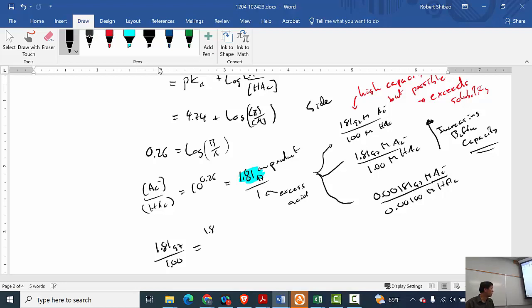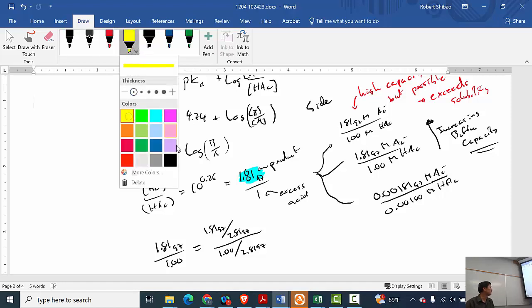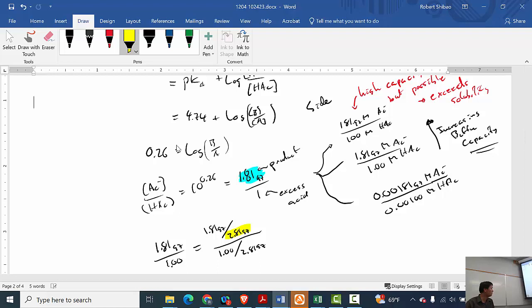This is going to be 1.8197 parts out of a total of 2.8197 converted into product. And that leaves me with 1.00 left over out of a total of 2.8197. I'm just totaling it. So this is the total, this is the parts of product out of the total initial, and this is the parts of reactant left over out of the total initial.